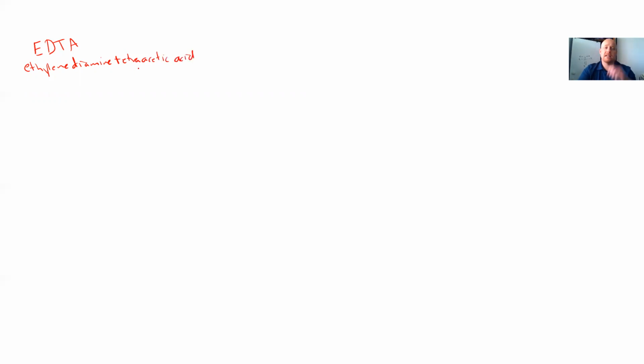Right, so that's the fully protonated version of EDTA, ethylene diamine tetraacetic acid. The ligand, as a ligand, it's ethylene diamine tetraacetate. And so that would have a structure that looks something like this.